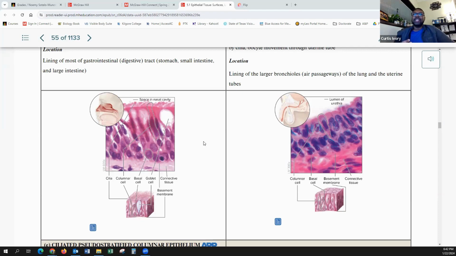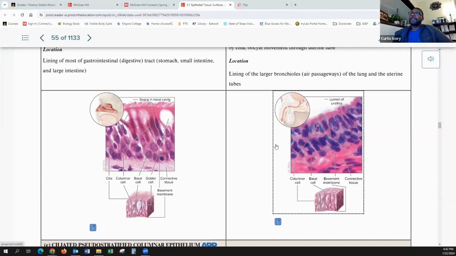Mucus is really sticky. When pathogens come into our nose or our mouth, as soon as they touch the mucus, they are stuck there and can't go anywhere else. When you blow your nose, it pushes out that mucus, and so it pushes out those pathogens too. So they don't get trapped inside the actual body. It's able to expel them.